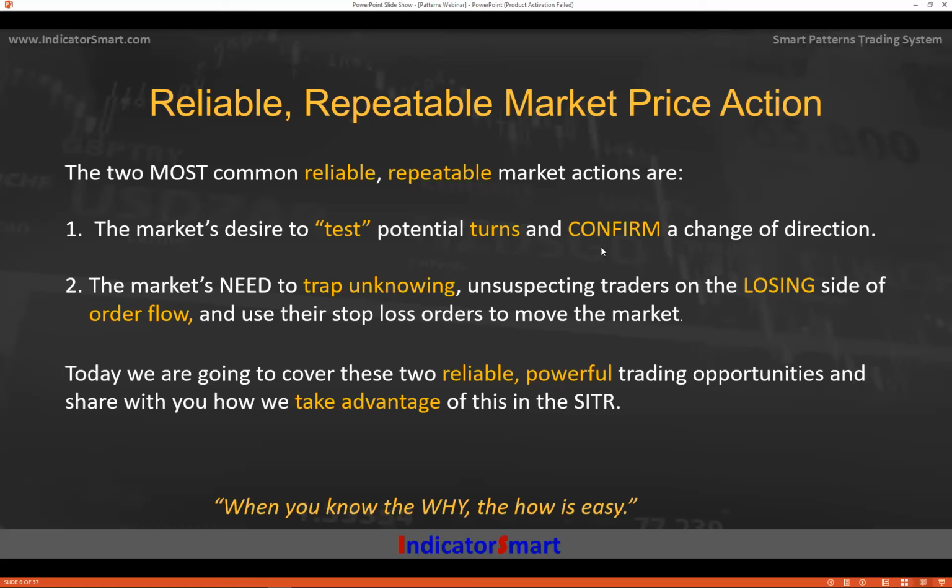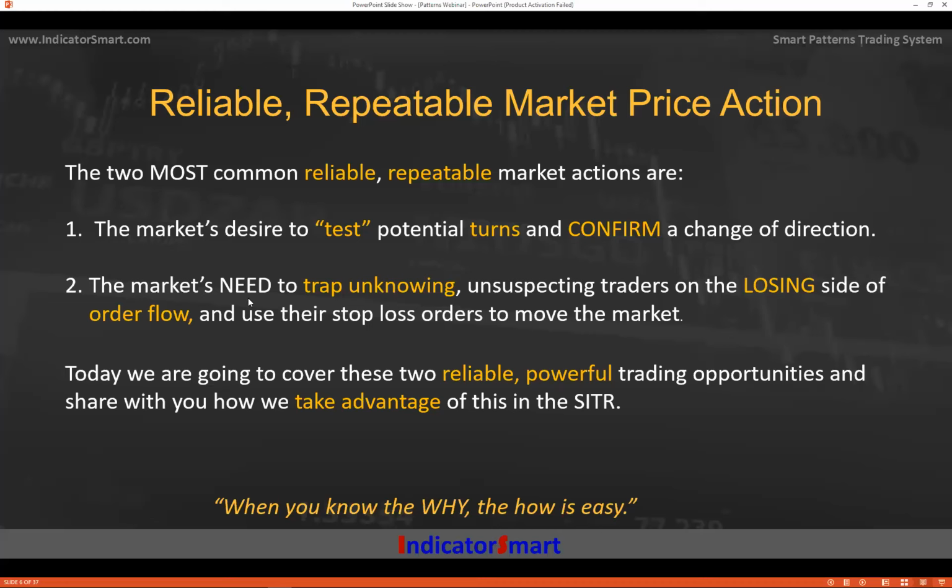We're going to show you how we take advantage of that with one of our signals. It's way cool. All markets like to test tops and bottoms to confirm. In that way, the smart money knows what to do. Until it's confirmed, the smart money has no idea what to do.